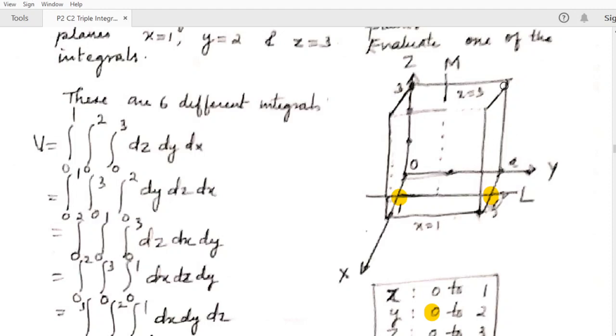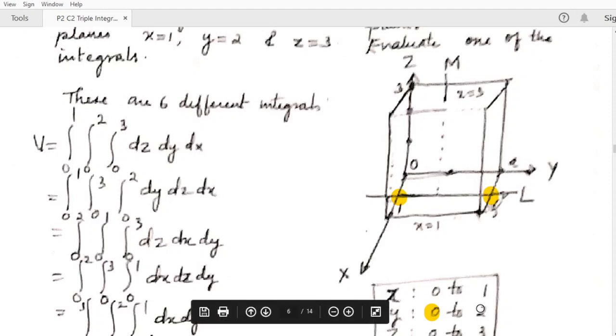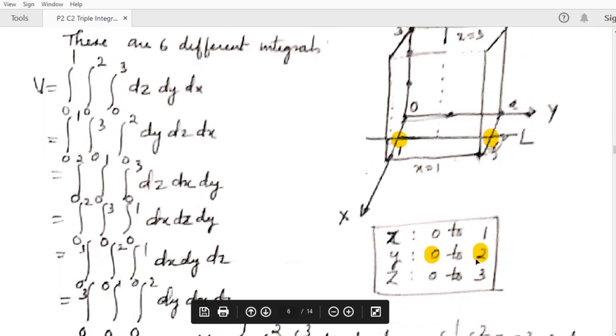So since this plane is y equal to 2, the point on this plane also has y equal to 2. So when the line L leaves our region, the value of y is 2. So we get the limit of y as 0 to 2.